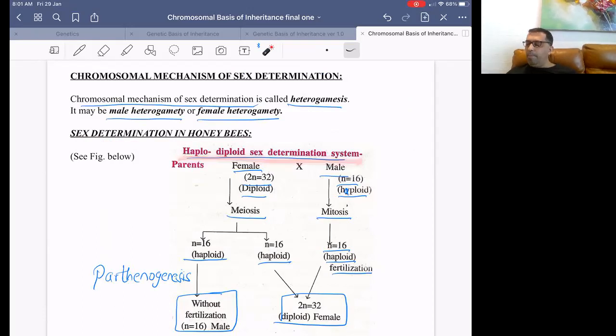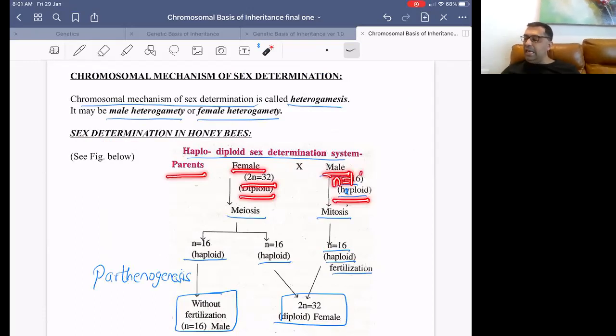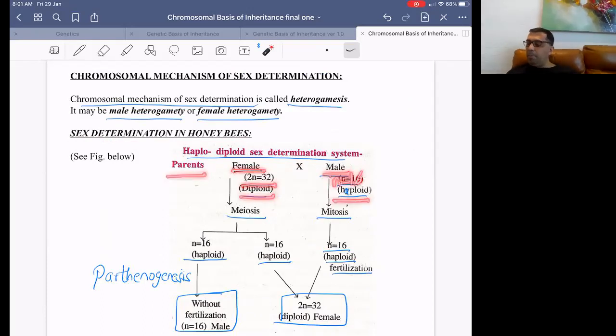Haplodiploid. Females are diploid, 2n is 32. Males are haploid, n is 16. So females have two sets of chromosomes, males have one set of chromosomes.